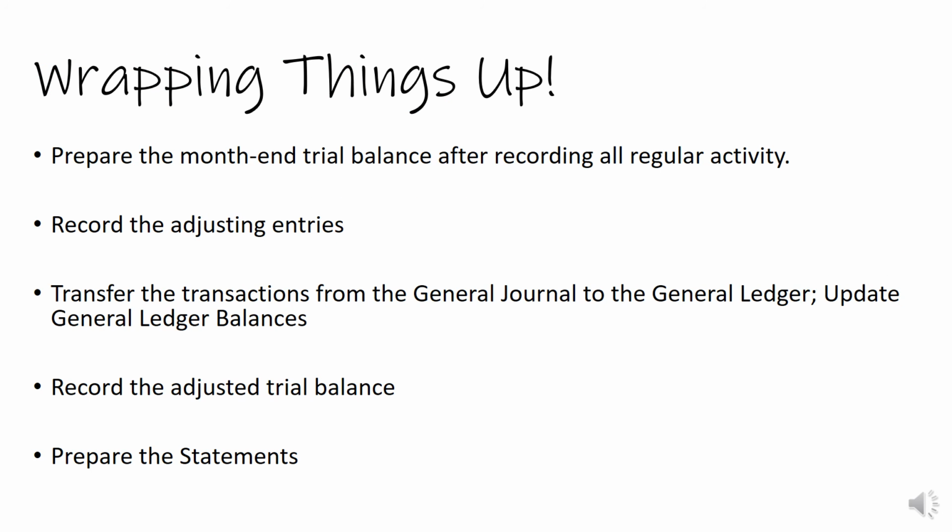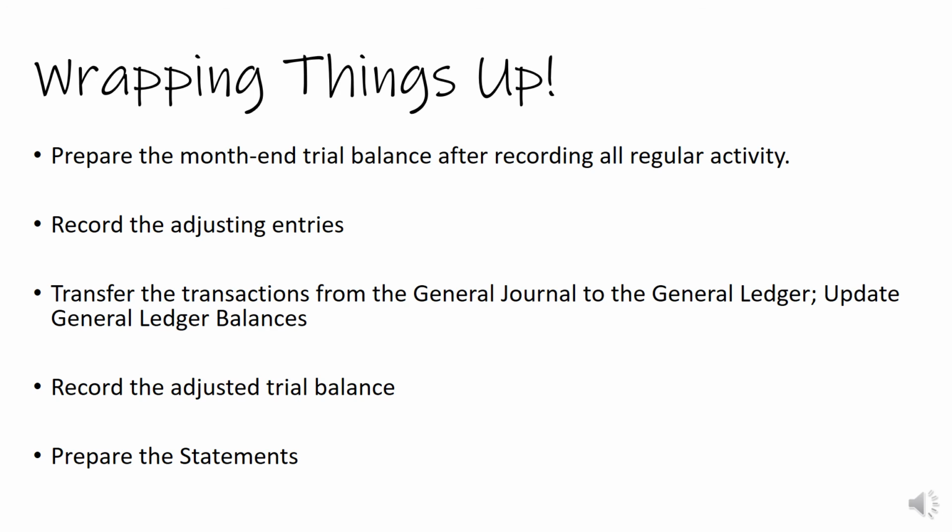Once you've prepared the adjusting entries, you're near the end of the accounting cycle. Prior to preparing the adjusting entries, you would have prepared the month-end trial balance after recording all of your regular periodic activity. Once you've recorded the adjusting entries, you transfer the transactions from the general journal where you recorded them to the general ledger and then update the general ledger balances.